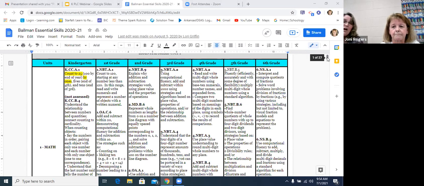Or if we have a child that is functioning above our standards, we can see where they fall as well to give more enrichments.